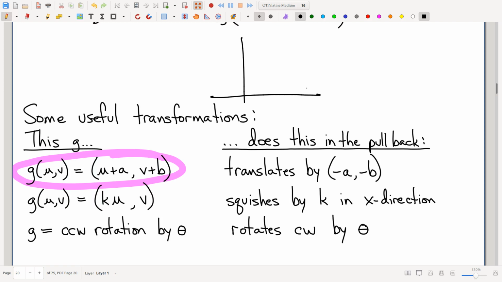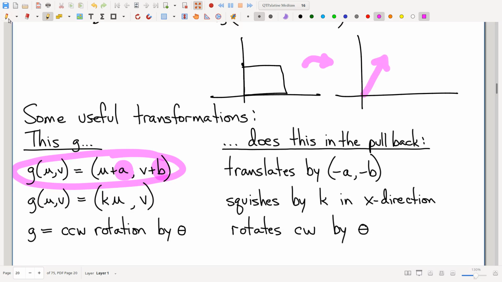That says that if you have some domain, let's say that, and if you want to know what happens to that domain, well, this function translates by the vector AB, whatever AB is, and then my new domain is going to be up there like that. Right, so the change of variables function that I have circled here sort of shifts up and to the right.